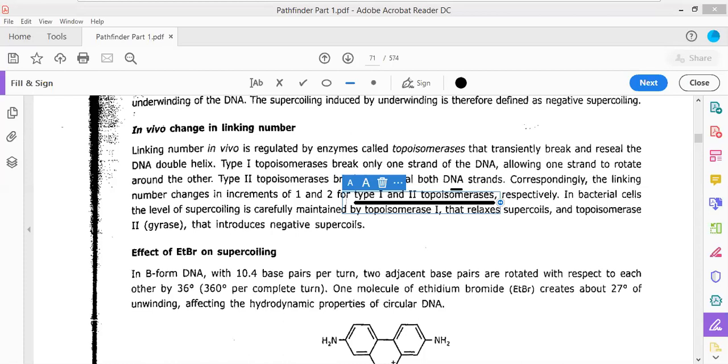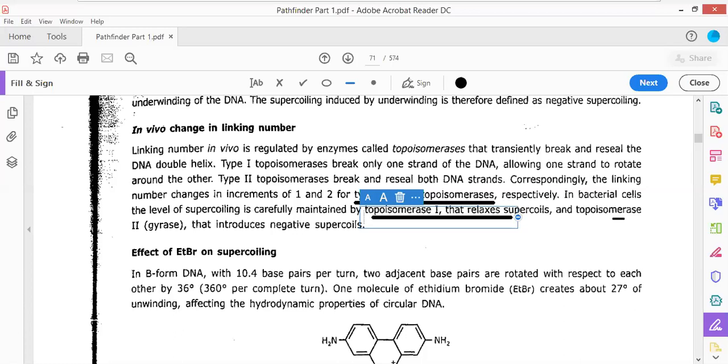I have already told you in my last lecture that the type 1 topoisomerases were the ones that were relaxing the supercoiling. Okay, the type 1 topoisomerase relaxes the supercoiling, and topoisomerase type 2 introduces the negative supercoiling.